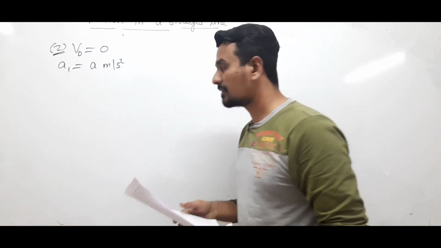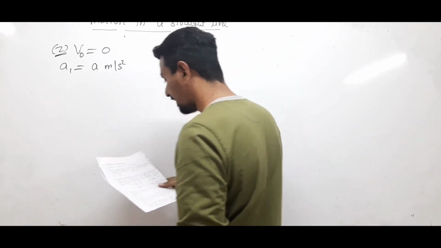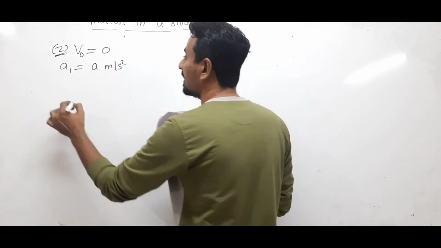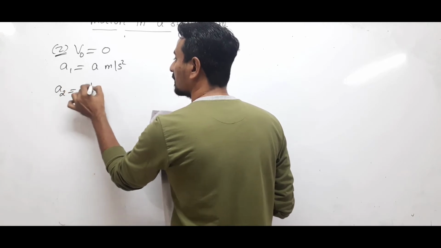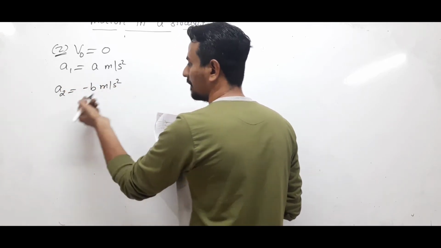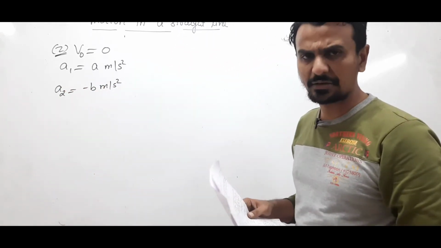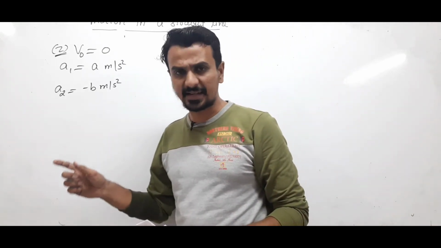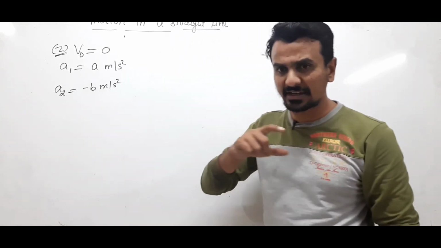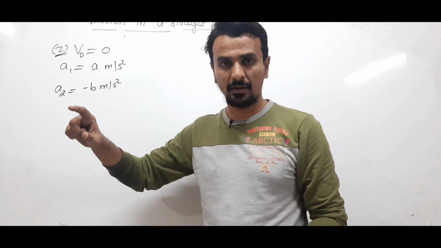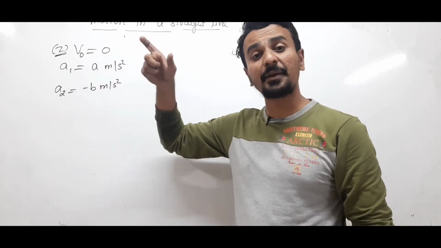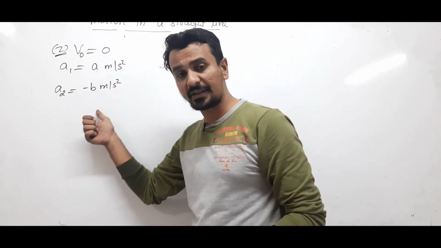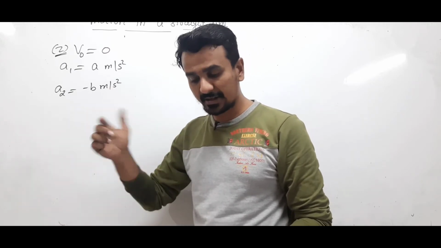After some time it is retarding at a rate of b. Retardation means minus, right? So first the car is accelerating, that means initially the velocity of the car increases uniformly with an acceleration a. Then it performs retardation with b, and then finally it stops.